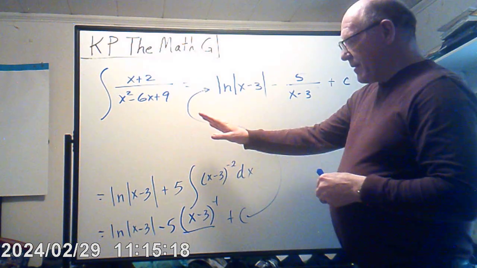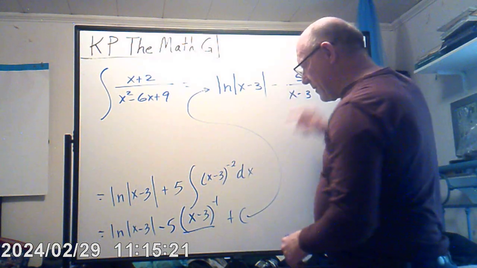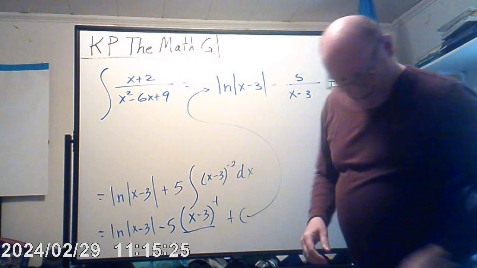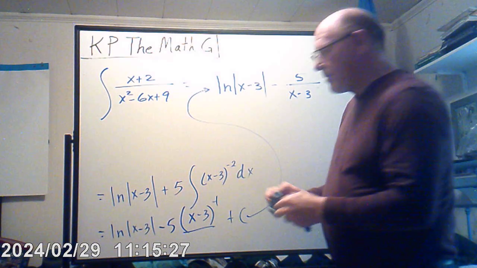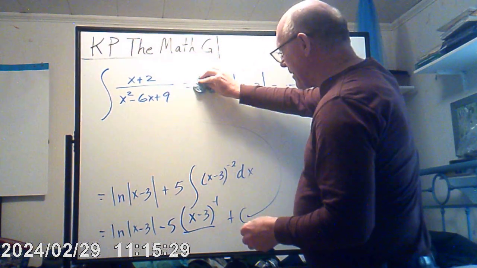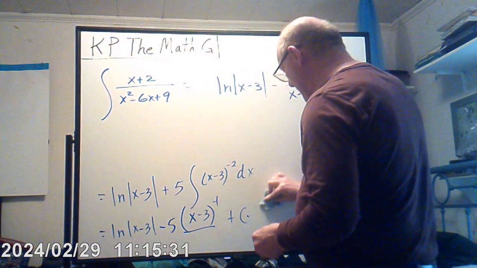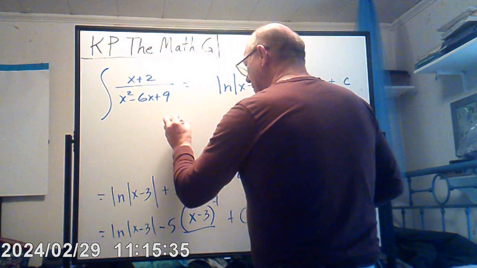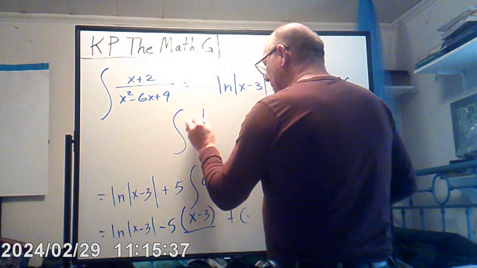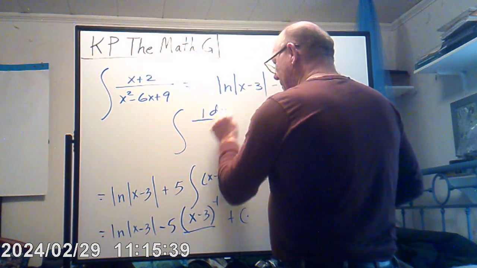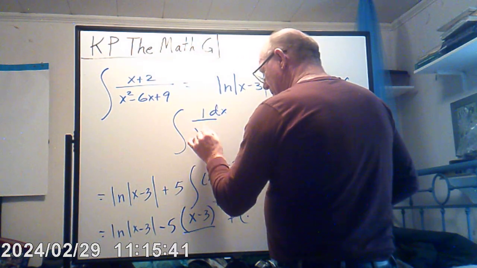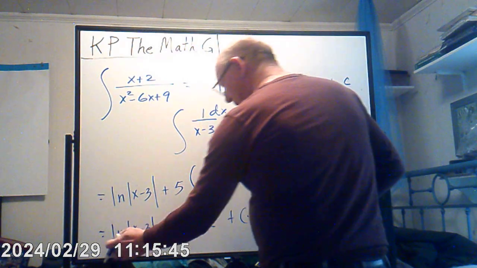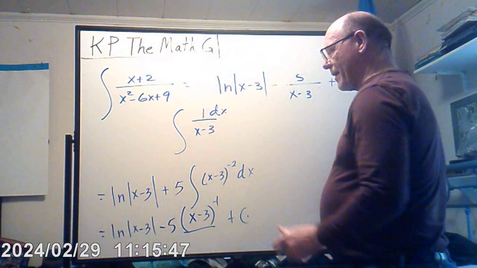But by way of review, when you have this right here and you're integrating 1 over x minus 3 dx, this is ln automatically.